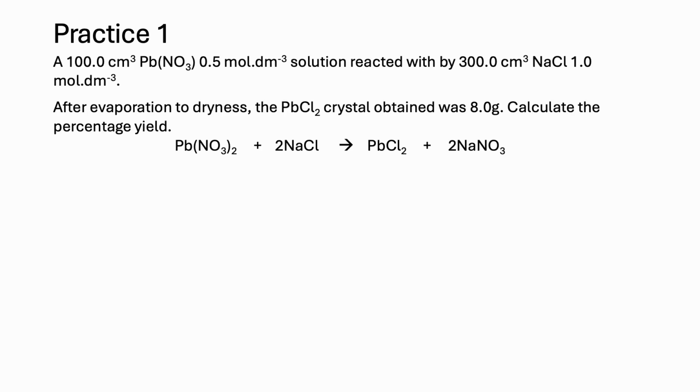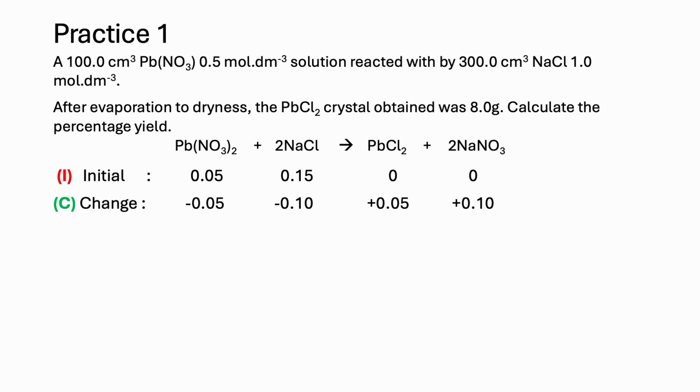And then we can put it on an ICE chart. So 0.05 and 0.15, and because Pb(NO3)2 is the limiting reactant, it is used up, and we calculate based on the ratio to find the moles of NaCl that reacted, PbCl2 that was produced, and NaNO3 that was also produced.